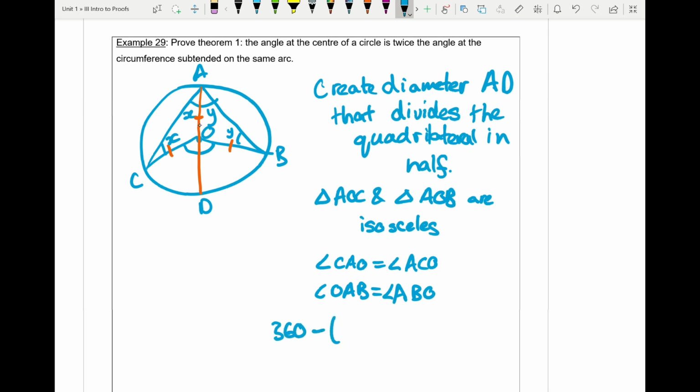That's going to be 180 minus 2x, right? 180 minus 2x. And then this angle here is going to be 180 minus 2y, because angles in a triangle add to 180. So we're also subtracting 180 minus 2y. And that is going to give us the angle COB.